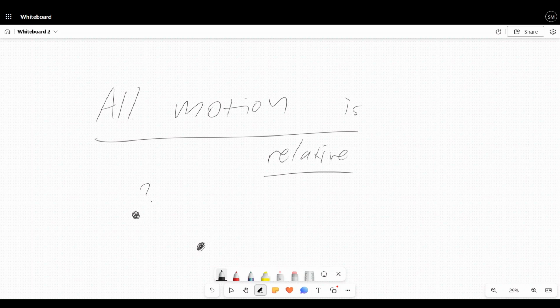So if there's nothing in the universe except this dot, I don't know if it's moving or stationary, right?